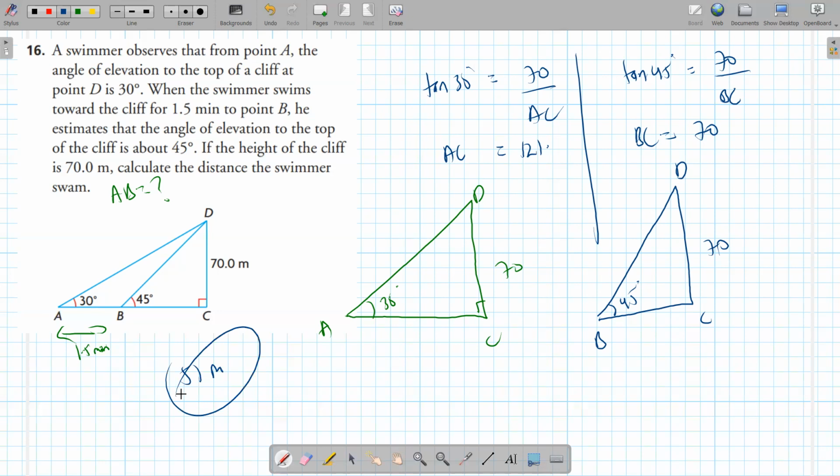Yeah, but you need to have a 1 in the denominator. So you just plug that in a calculator. He swam 51 meters and it took him 1.5 minutes. So that means 51 divided by 1.5, he swims at 34 meters per minute. So that's his speed.